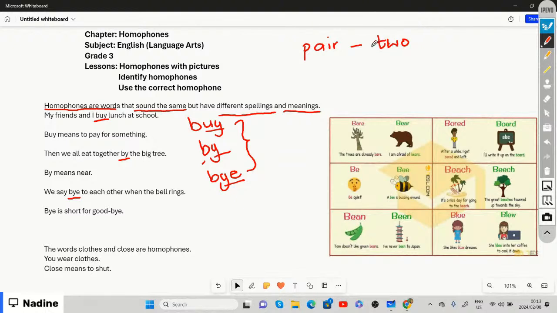So pair comes in twos. And the other word, pear, is a fruit that we eat. As you can see, these two words sound the same, but the spelling as well as the meaning of these words are different.